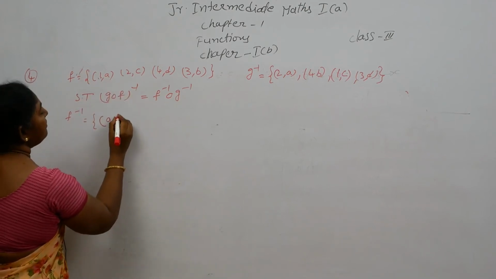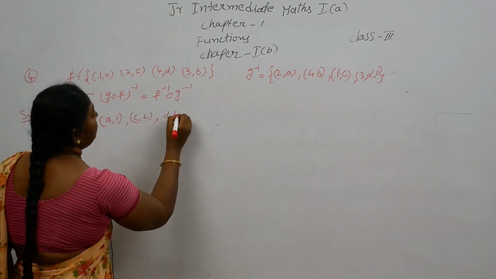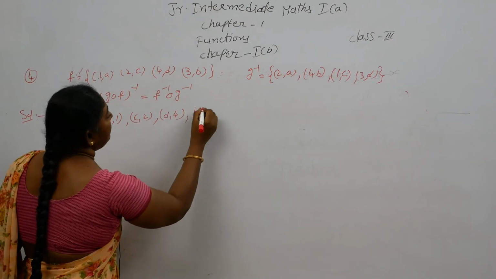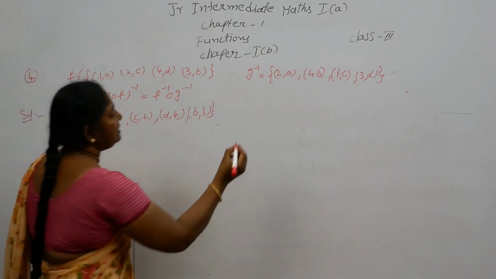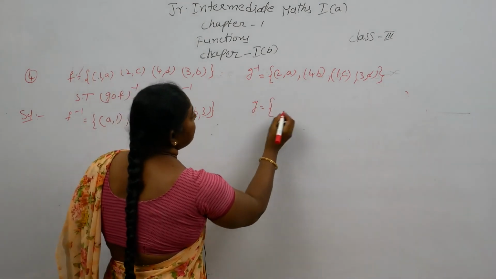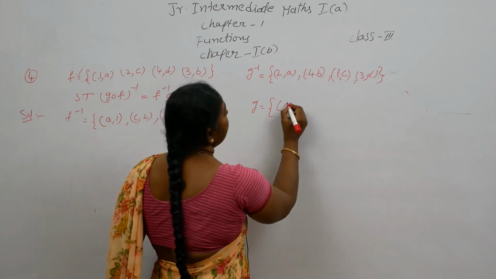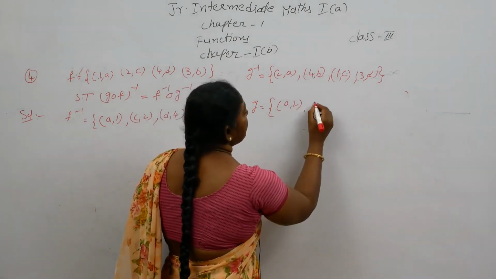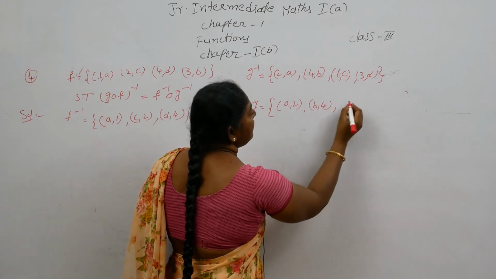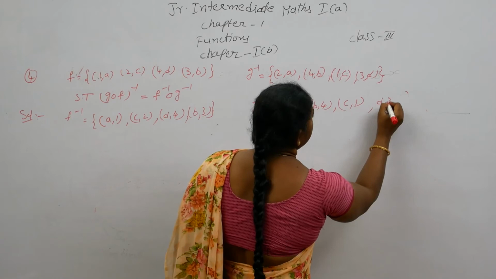So a comma 1 and c comma 2 and d comma 4 and b comma 3. This is f inverse. And g, we have to find g value also. Here range and domains will change. So here a comma 2, b comma 4, c comma 1 and d comma 3.